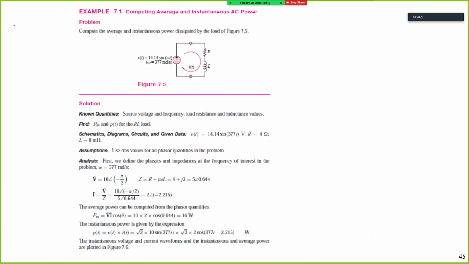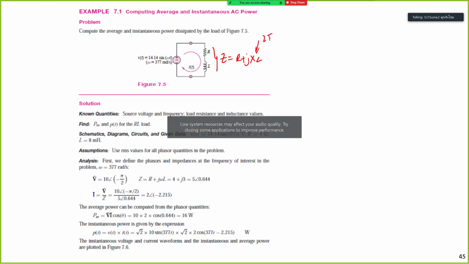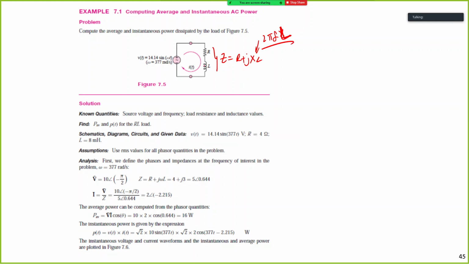For the circuit, I think it's not very important, and it's not very difficult to understand. So we just change this to Z equal to R plus jXL, right? And XL is 2 pi fL, like this.